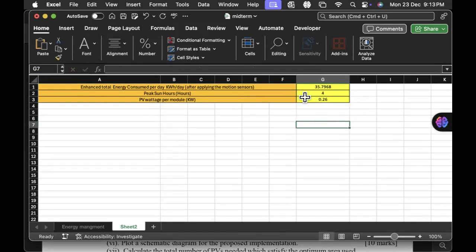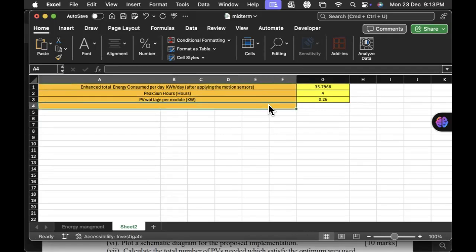Using these two numbers, the power per module and the peak sun hours, you can now calculate the expected energy to be produced per PV module.